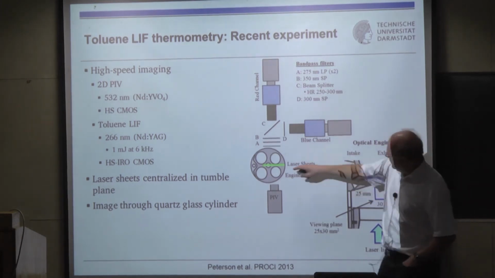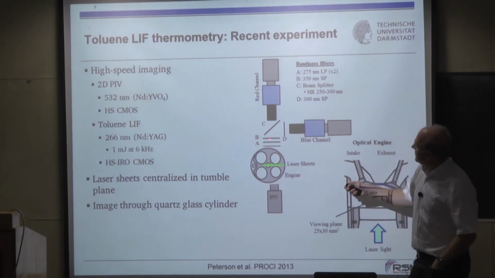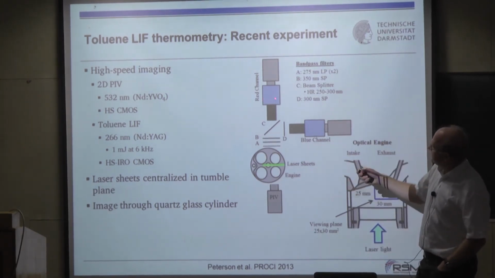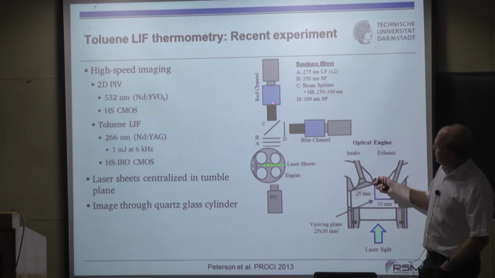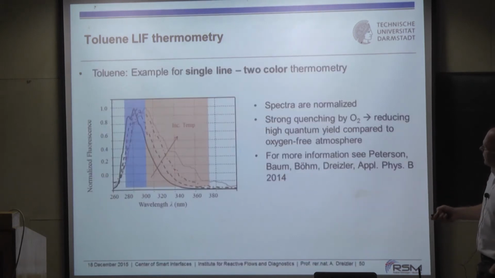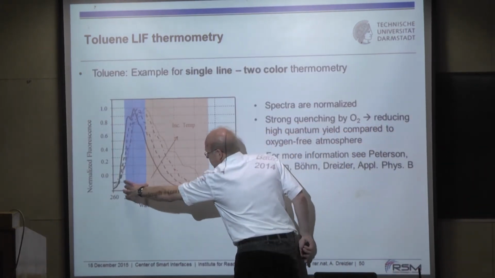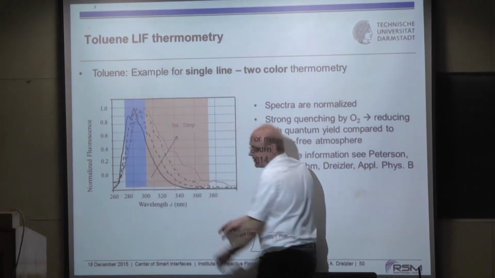And this is shown here. This is the excitation plane. Now you look from the top, and what you see here are two intensified cameras that are observing this fluorescence created over here. This is done with a red and a blue channel, which is something I didn't discuss. One camera is looking for this spectral band, and the other one is looking for that spectral band.